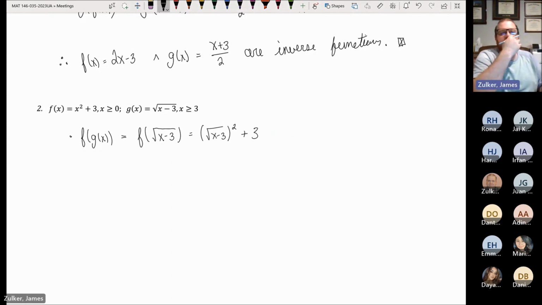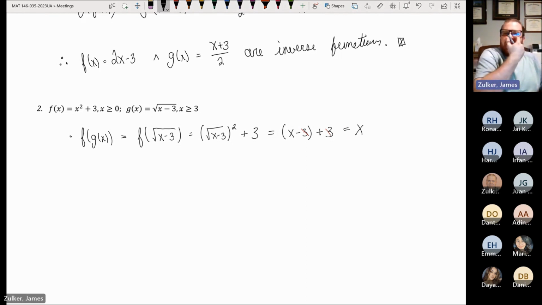That means wherever you see an x in f, replace it with root x minus 3. Square root of x minus 3 all squared. Just x minus 3, right? Negative 3 plus 3 is 0.